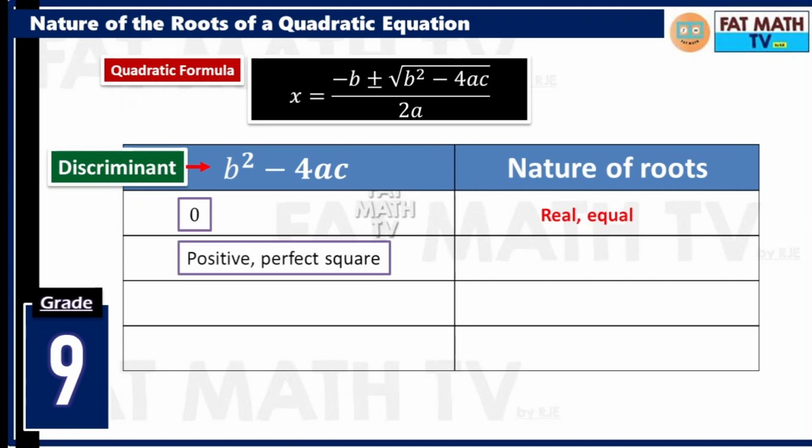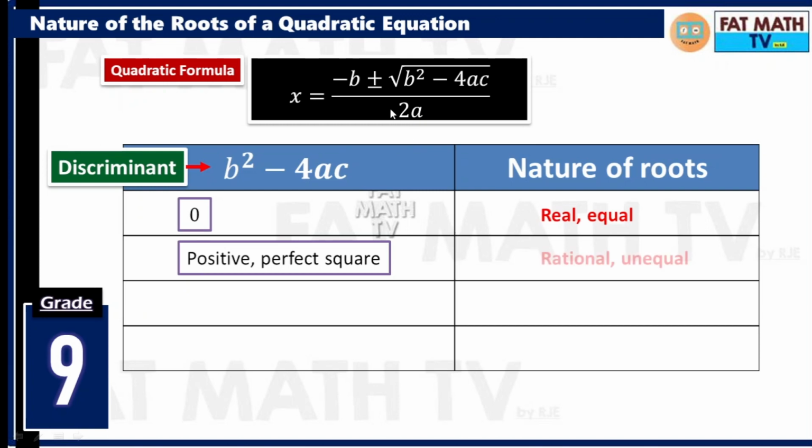And if it's positive and a perfect square, for example, if b squared minus 4ac is positive and a perfect square, then you can extract the square root, which is going to be a rational number. And then negative b plus or minus that rational number over 2a is still a rational number.